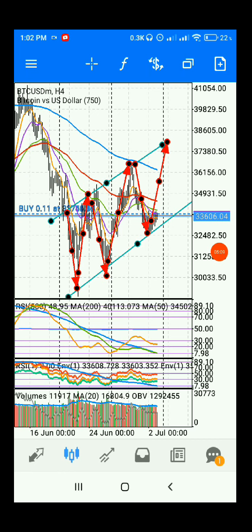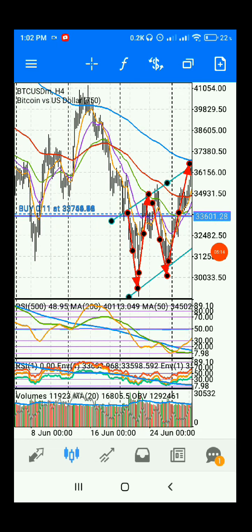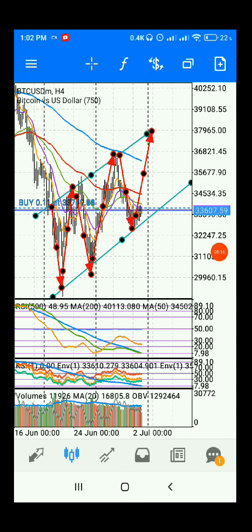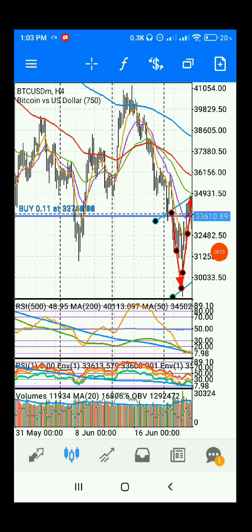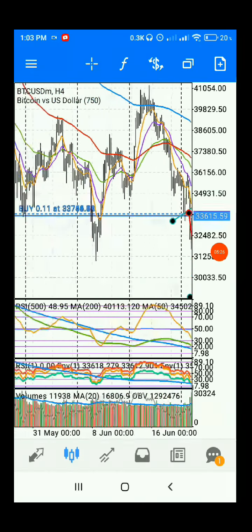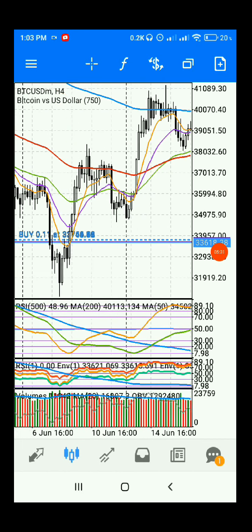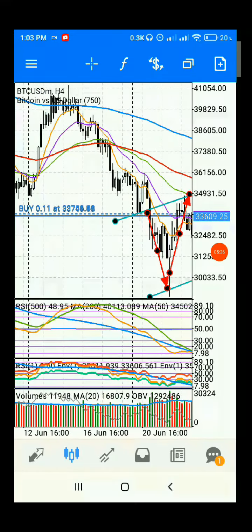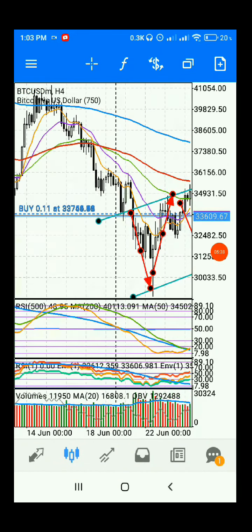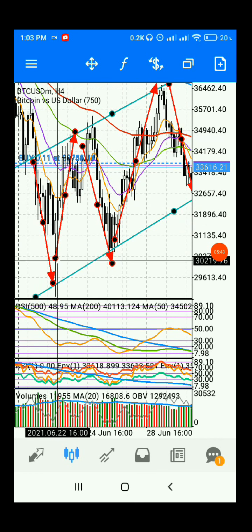Okay, after this marking, now I have to mark a rectangular potential zone. If I zoom in, you can see that is the marking, and price is going down, then a little bit up.